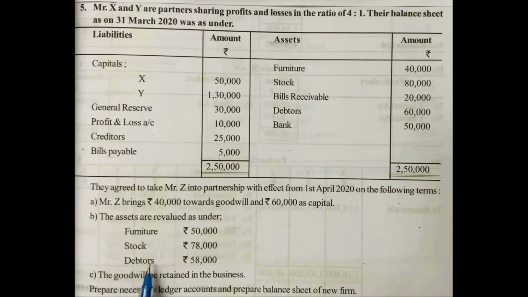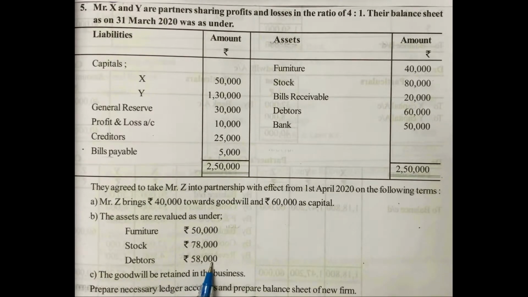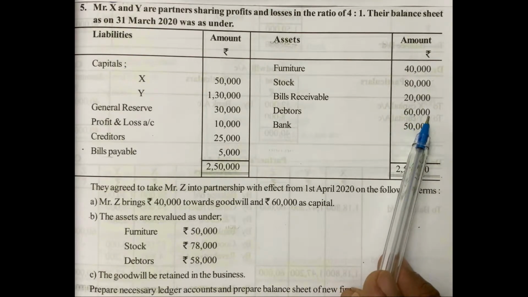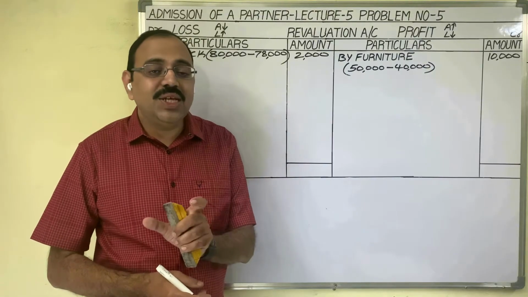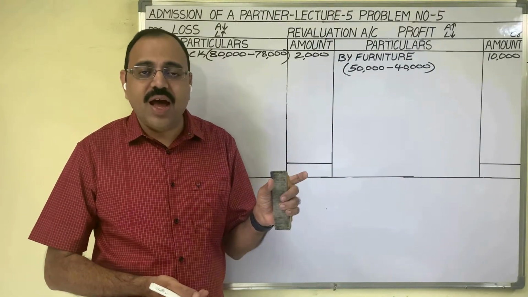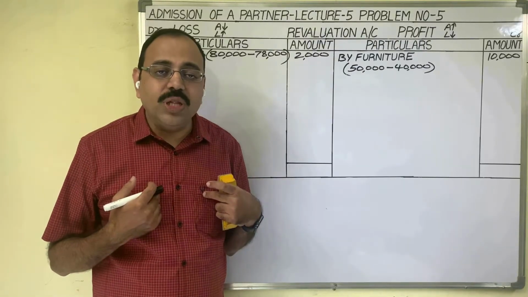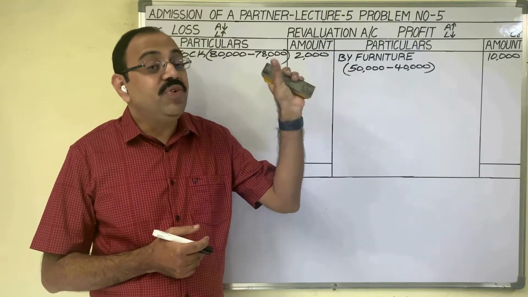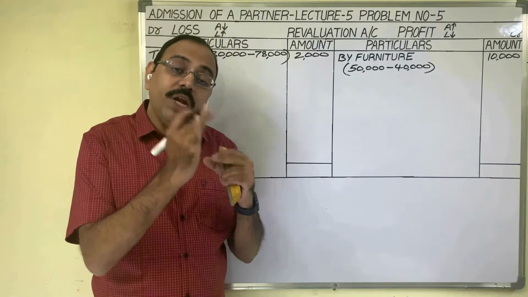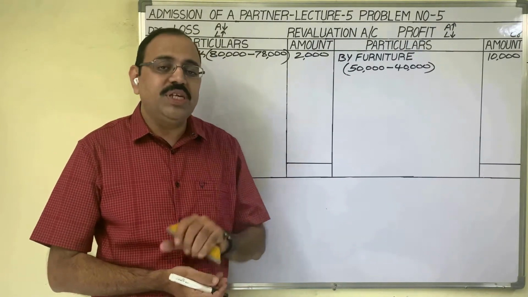In adjustments, he is giving that debtors are revalued at 58,000 rupees. In the old balance sheet, debtors value is given as 60,000 rupees. In revaluation of debtors, old partners came to know that the debtors value is now 58,000 rupees only. So the debtors value is reduced by 2,000. It is not depreciation.